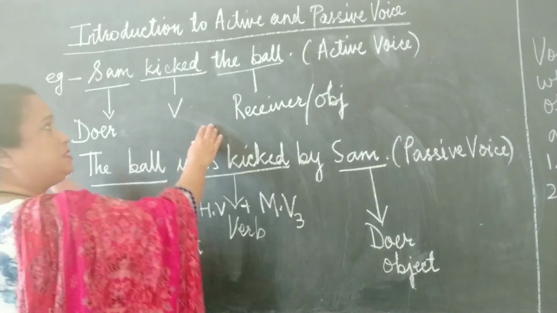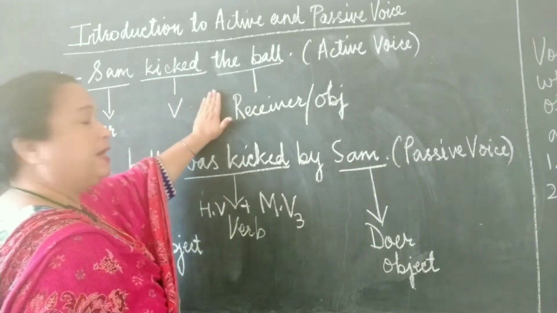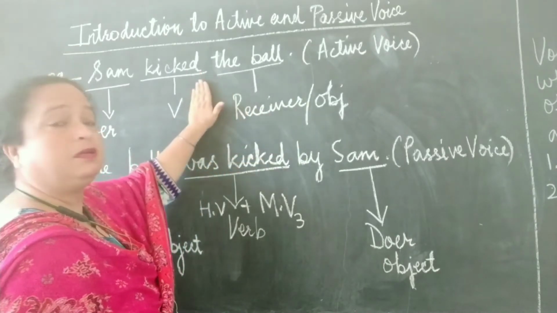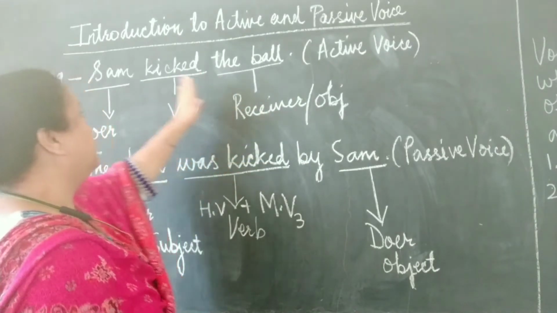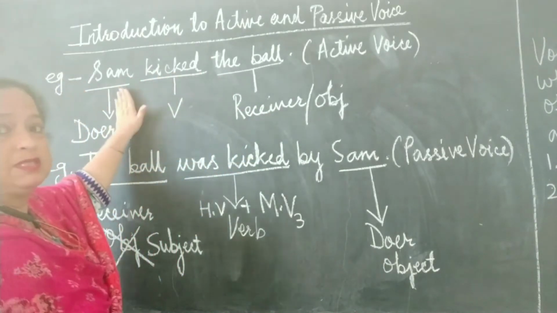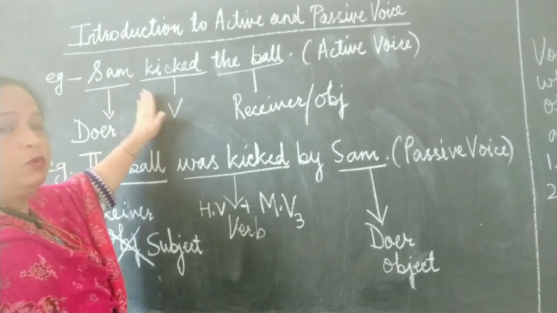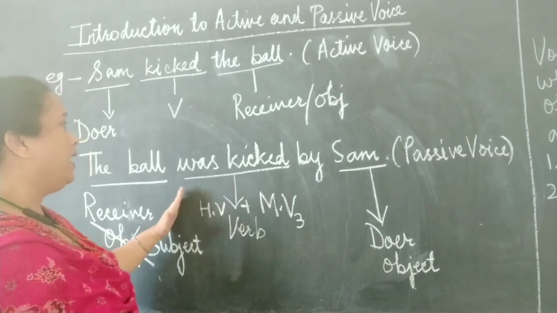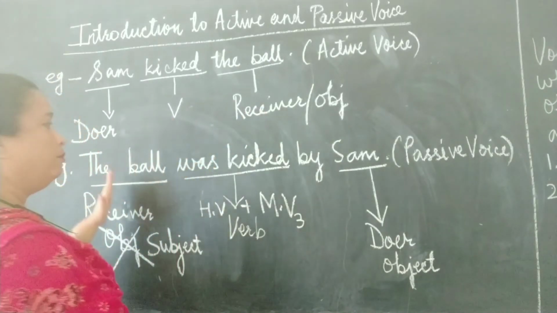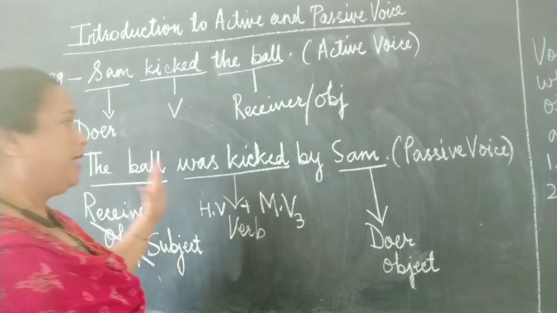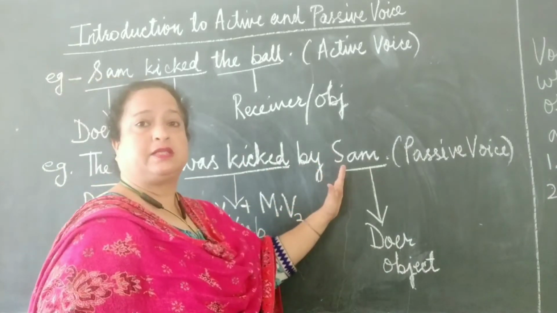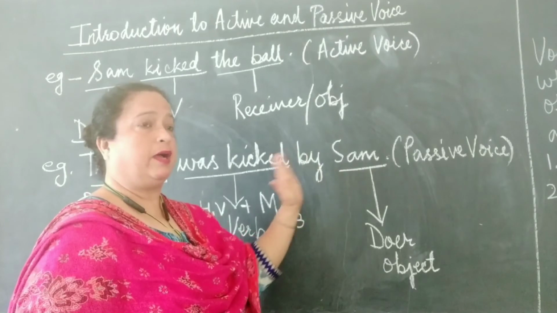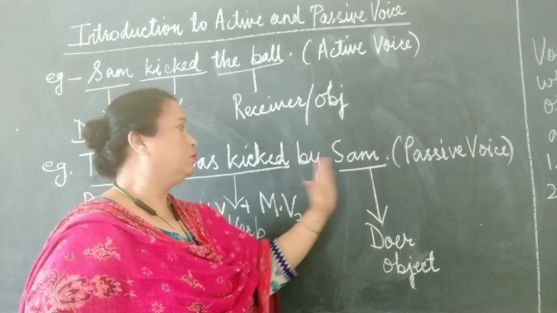So in this first sentence, we see that the receiver is after or the object is after the verb, and the doer or the subject is before the verb. But in the passive voice sentence, we have the receiver before the verb and we have the subject, which was in the previous sentence, at the end of the verb.